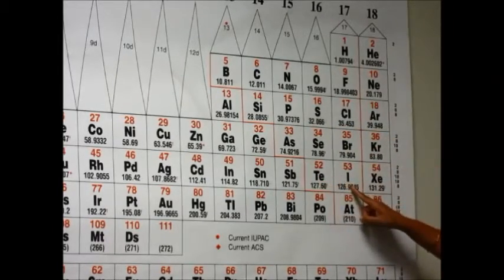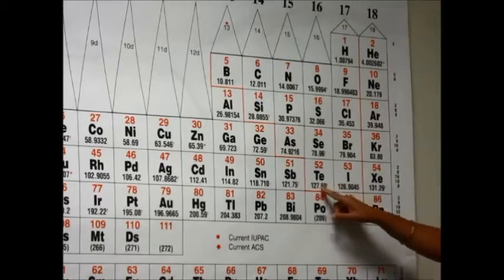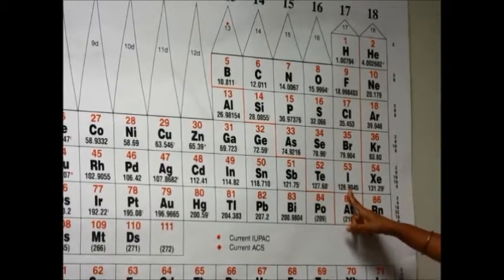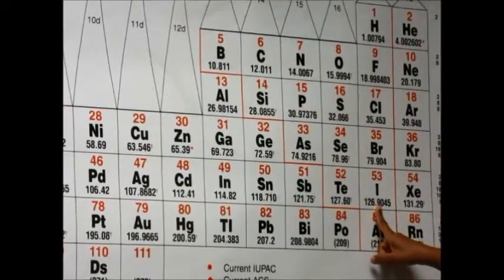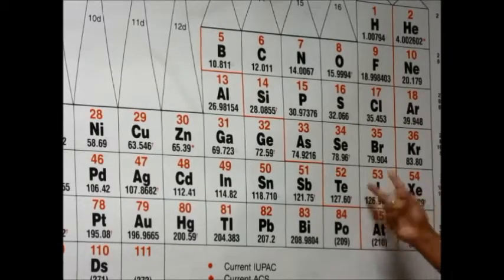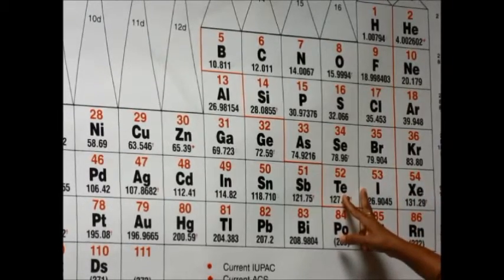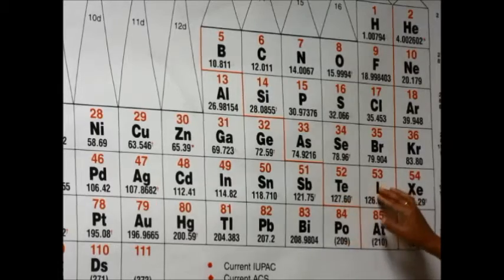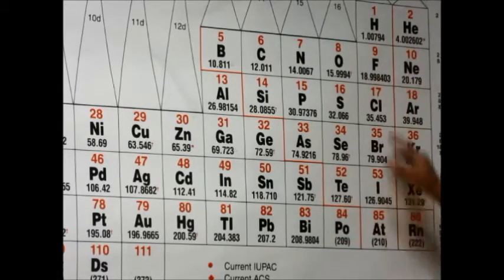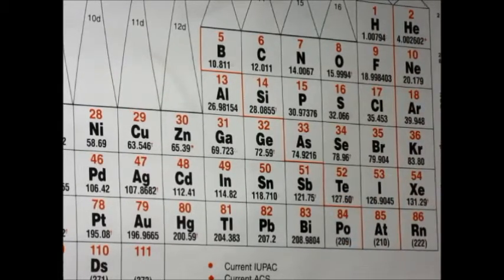But say in tellurium and iodine, if you look at this, the mass of iodine actually goes down. Which means if he was arranging it according to mass number, these would be switched. But that's not what happened, because iodine, which is a halogen, has these kind of properties as that element.